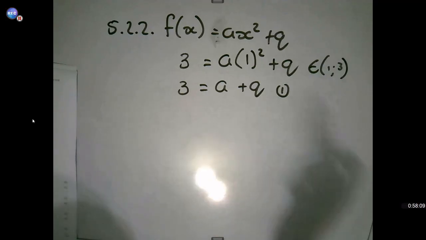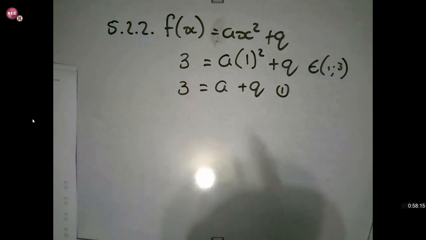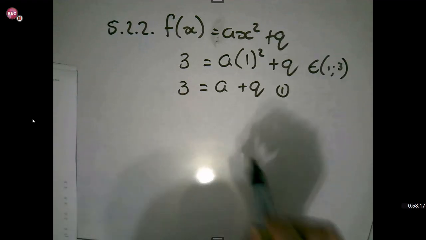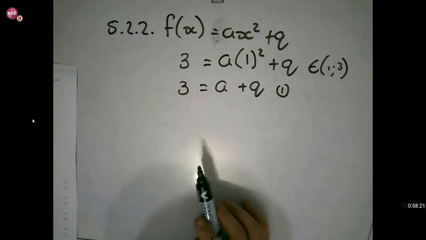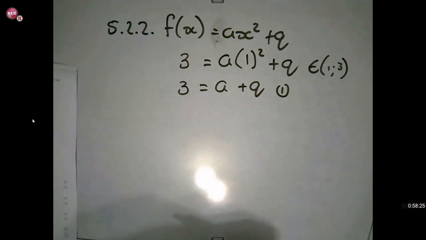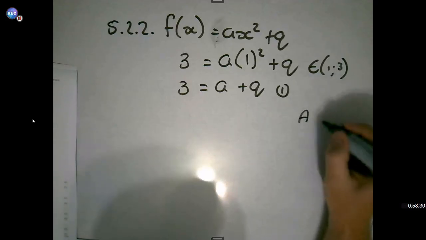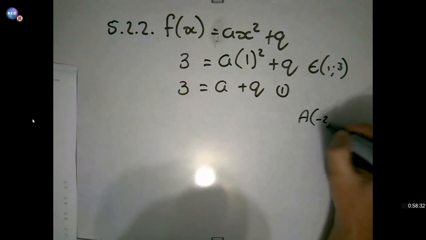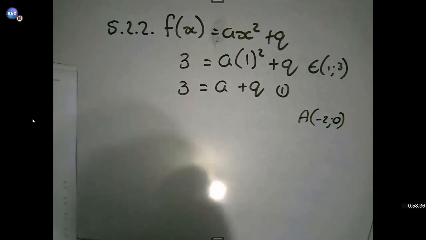We can use the points that we calculated in 5.2.1 for point A to assist us to find the value for q or for a, and then also to create a second equation. Point A's coordinates are (-2, 0), as we calculated in the first question for question 5.2.